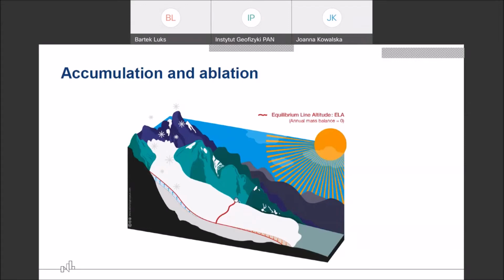And if this line goes up, this means that the glacier melts out faster than it gains mass. So at the equilibrium line altitude, annual mass balance is 0. So there's no mass gain, but there's also no mass loss.